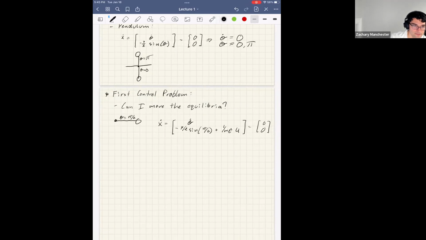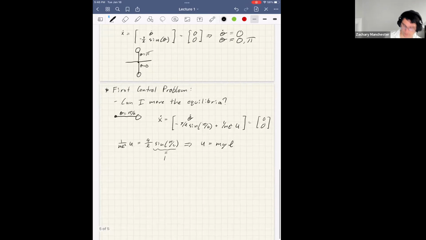If I go ahead and do that, I get 1 over m L squared u equals g over L sine pi over 2. Sine pi over 2 is 1, so this tells me that u equals m g L.